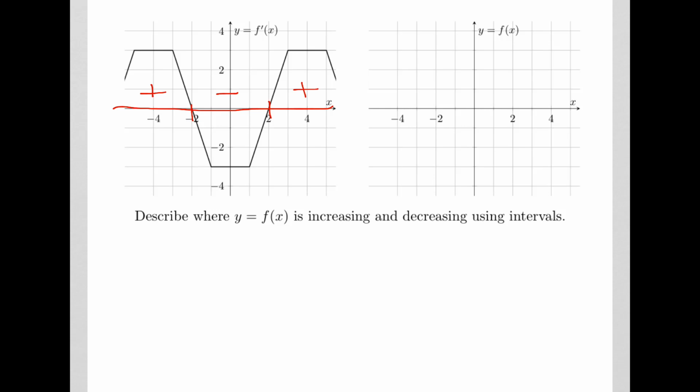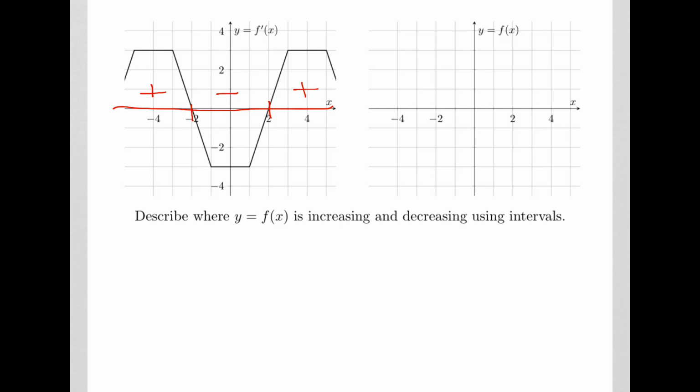And so this is all I need to be able to decide where my function is increasing or decreasing. Now, I don't really know what's happening after the graph stops showing, so I can't tell if it's going to keep going positive or negative.